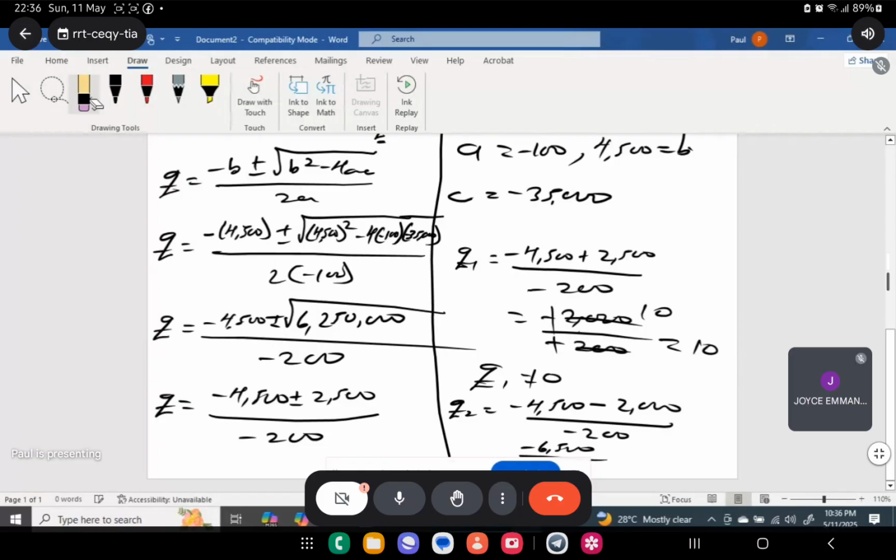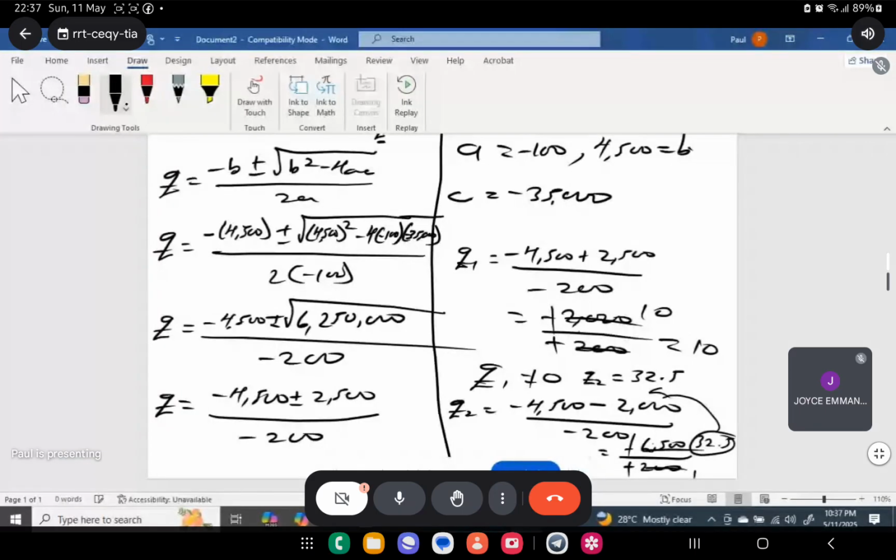Okay, let me try and squeeze it here. So minus 6,500 divided by minus 200. And that is what? This cancels this. So this will go here, 32.5. So our Q2 is equal to 32.5.